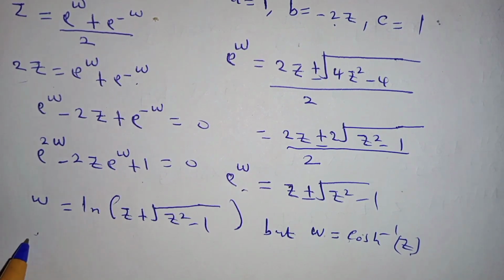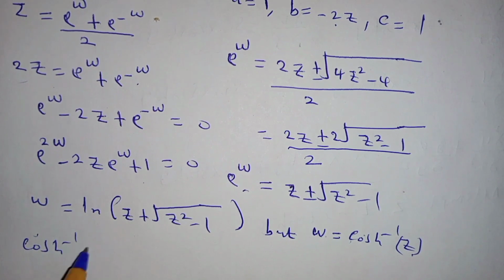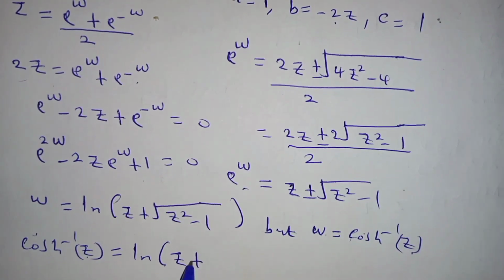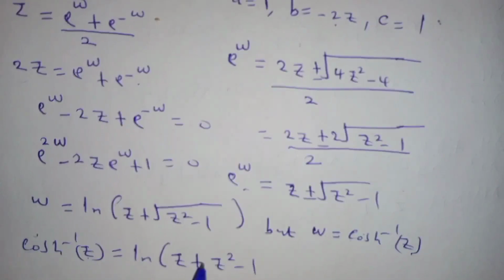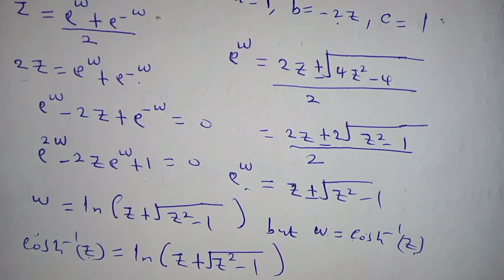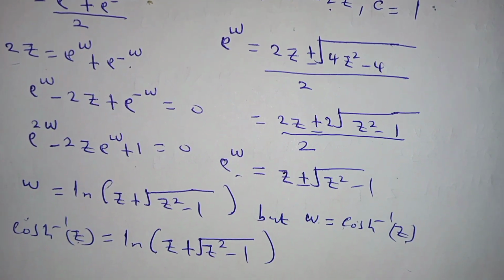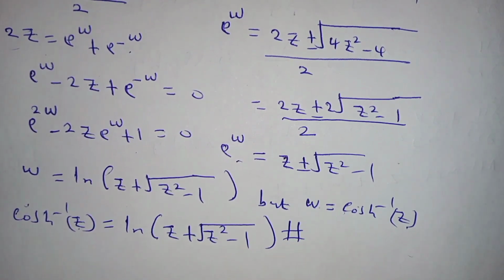So instead of w, we write the inverse hyperbolic cosine of z, which is equal to the natural logarithm of z plus the square root of z squared minus 1. And that is what we were supposed to prove. So that is the end of our proof.